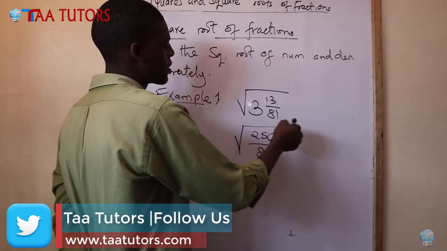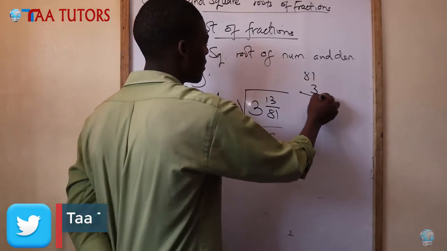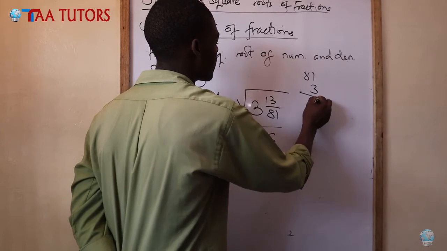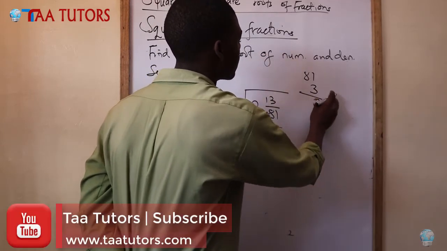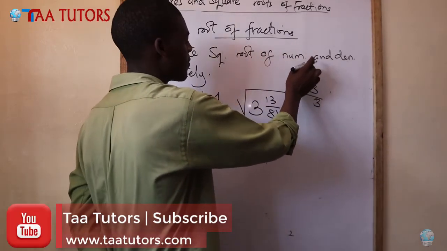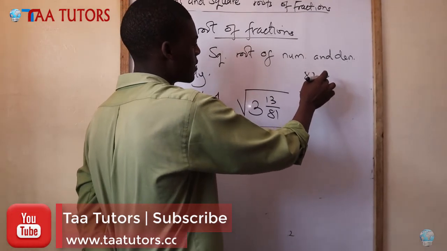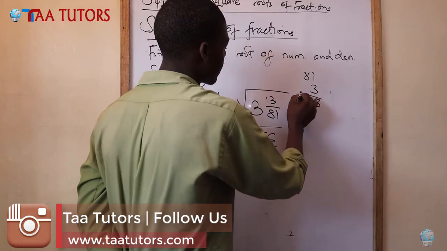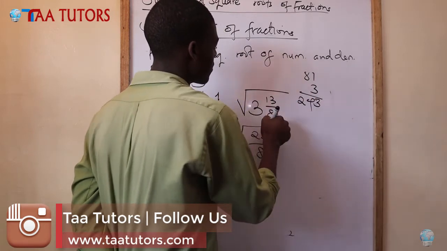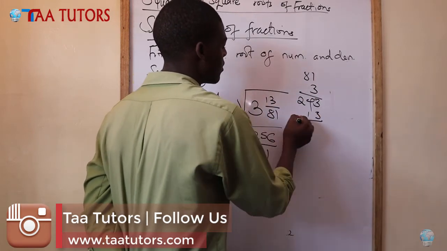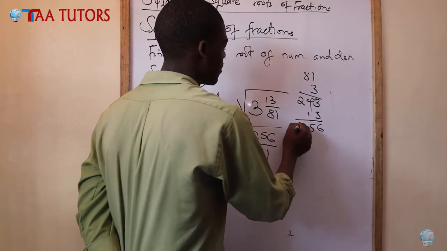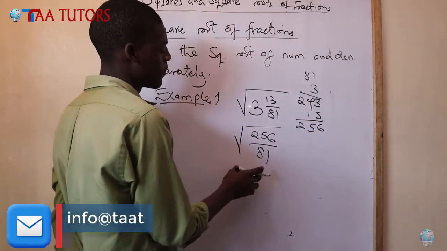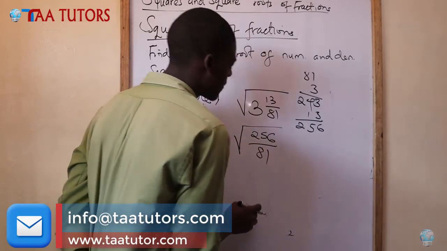Because this one is going to give us 81, 3. This is 3. We don't carry because it is a fixed number. That one is 24. So 24, we add 13, so that is 6, 5, 2. So we are having 256 over 81.